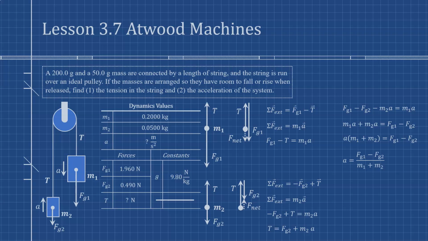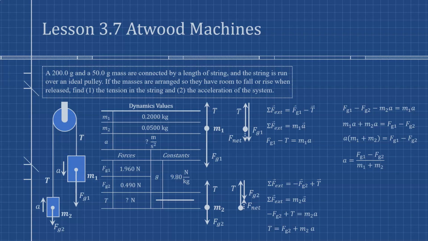So what do we do to get here? We set up free body diagrams for each object individually, because that's what we can do with free body diagrams. You can analyze one object at a time. And that's exactly what we did. We analyzed the more massive mass and then the less massive one, M1 and M2, separately with separate free body diagrams. We noted that tension was going to be the same throughout the string because that's just how strings work over ideal pulleys.